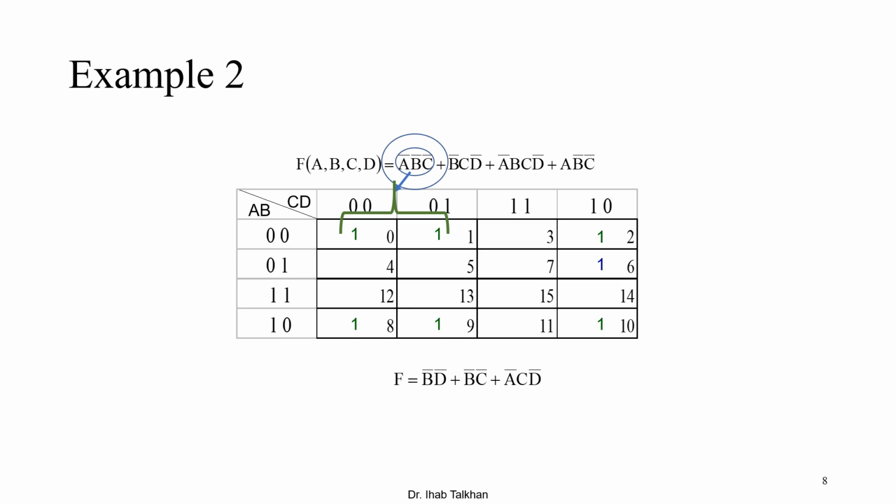Because the original one should have, in each term, all the inputs. You have to have A and B and C and D represented either in normal form or inverted form. But here you don't have that. You have three letters in one term, 4 letters in the second term, and so on. So this is not the original. This is a reduced form from the original.